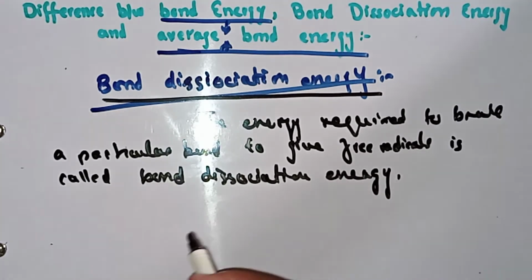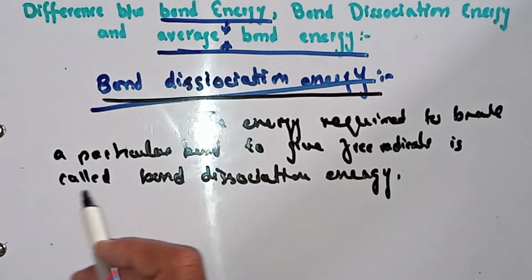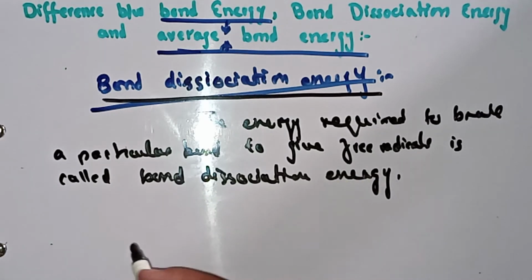It is very simple. Bond dissociation energy is the energy required to break a particular bond to give free radicals.